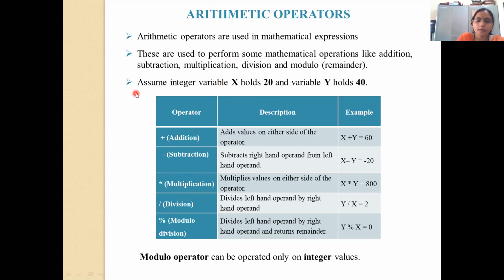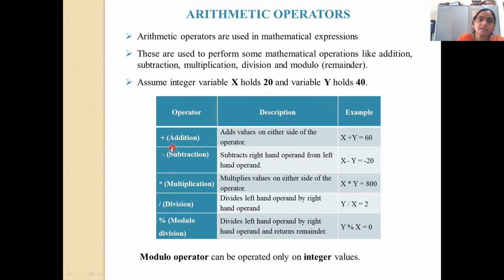Okay. Here I have given one example for each operator. For that, assume the values of two variables. The value of the first variable x is 20 and y has the value 40. Means 20 is assigned to x and 40 is assigned to y. The following table shows the purpose of each operator along with the description and the example.